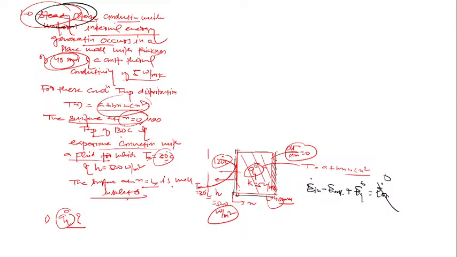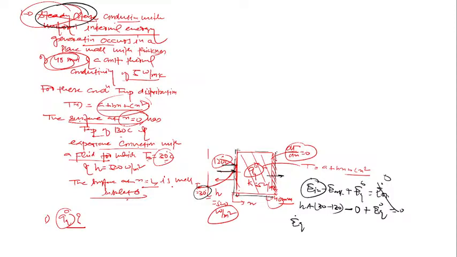E in is h into A into, I will write in terms of T infinity minus T surface, so h A into 30 minus 130. E out is nothing here because insulation is there. E out is 0, equal to E generation. Yes or no? Tell me please.